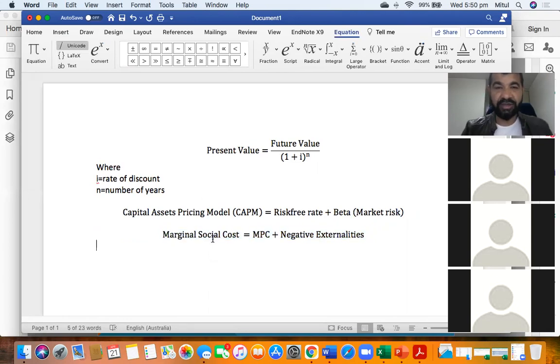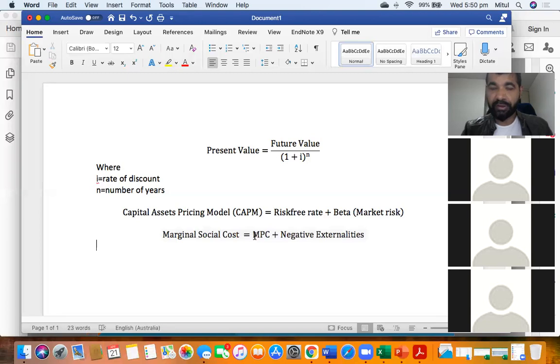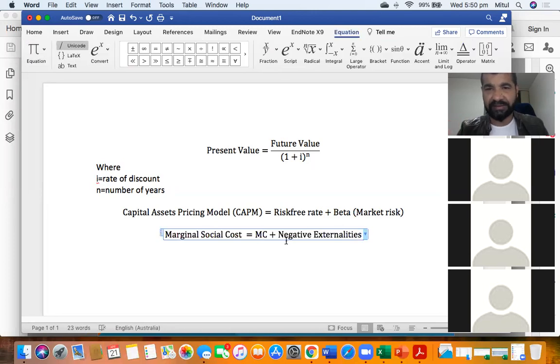Look, so marginal social cost will be equal to marginal cost plus negative externality. If negative externality is equal to 0, then we understand it has no social cost. Then we know that marginal social cost is equal to marginal cost.